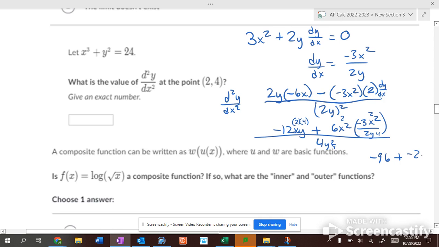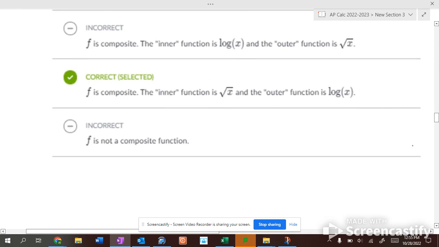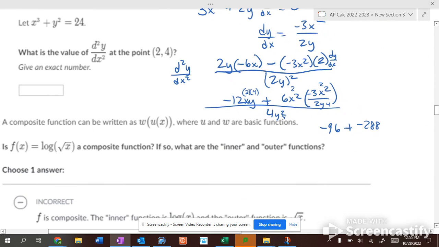So that's negative 288 over 8, all over 64.